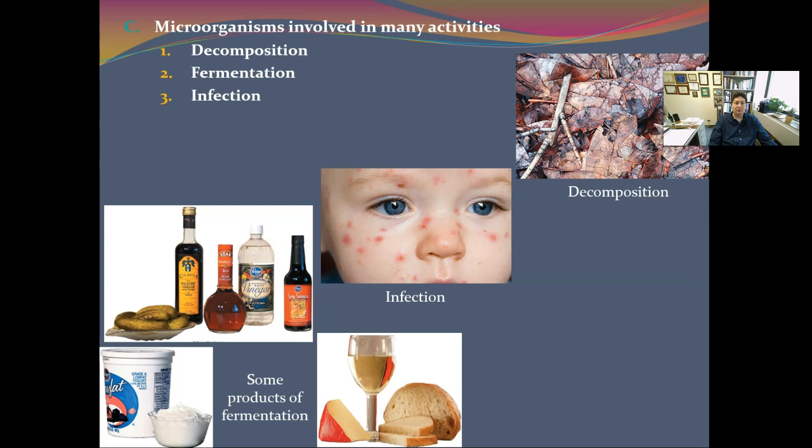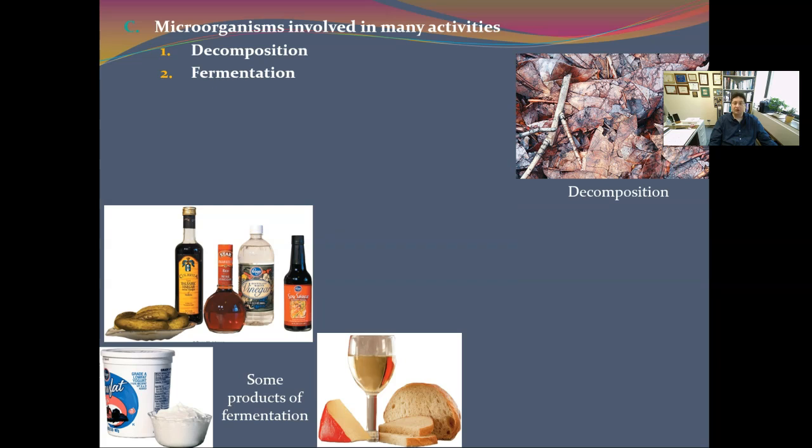Fermentation is where sugar is fermented and converted into various byproducts, ethyl alcohol being a big one. So fermentation is responsible for a lot of the products pictured here, okay? So we're going to convert sugar into ethyl alcohol or some other types of products.